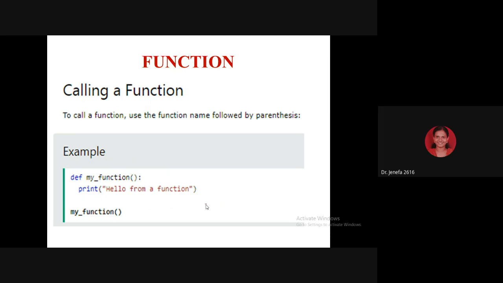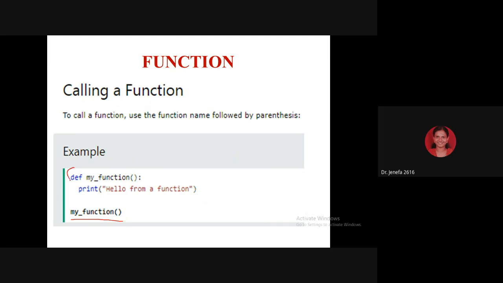If their name is Prince, we call Prince. If their name is Glory, we call them Glory. Similarly, if you want to call a function, the function name should be used. So what's the way of calling a function? By the function name only, we call a function.